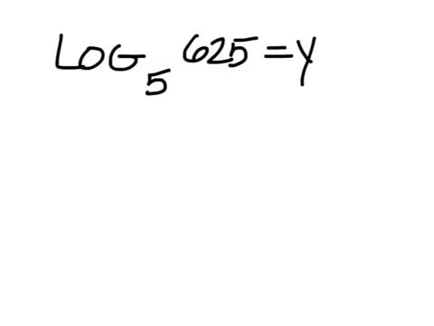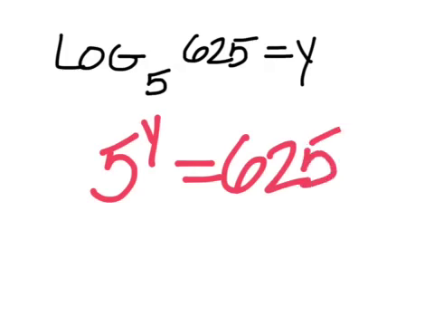Log base 5 of 625 equals y. There is a way to solve this using logs, but we haven't made it that far yet. It's a little too soon. So I'm just giving you ones that you can guess and check on. 5 to what power is going to be 625? 5 squared is 25. What's 5 to the 3rd? 125.